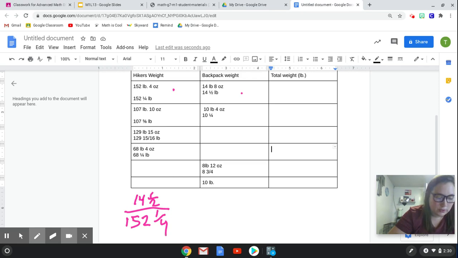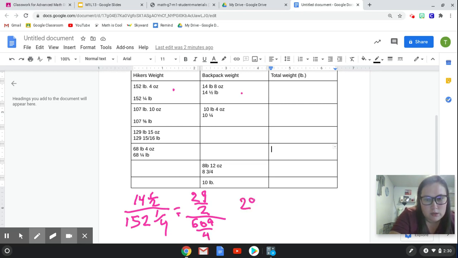I'm also going to want to go ahead and make those into improper fractions, not mixed numbers. So that's going to be 29/2 divided by 609/4. And then I'm going to go ahead and do the multiplication of that.